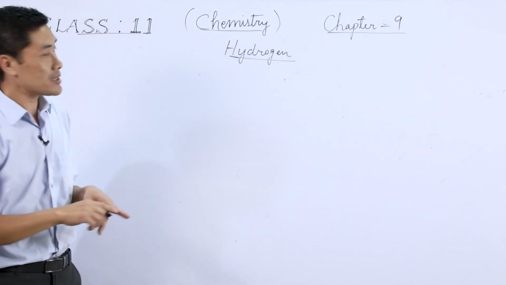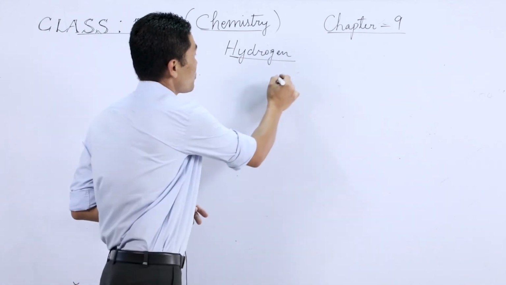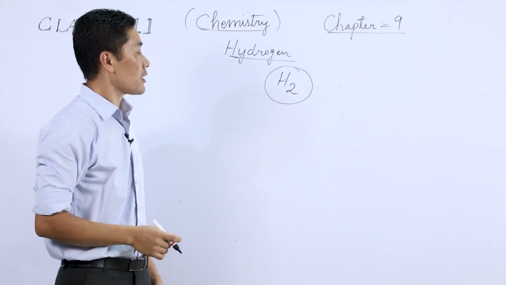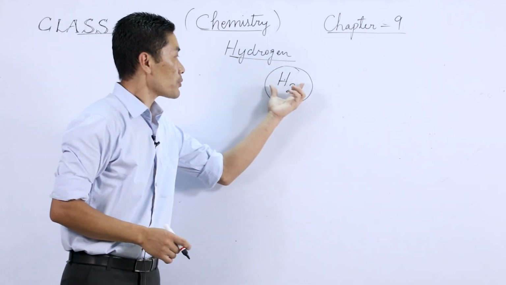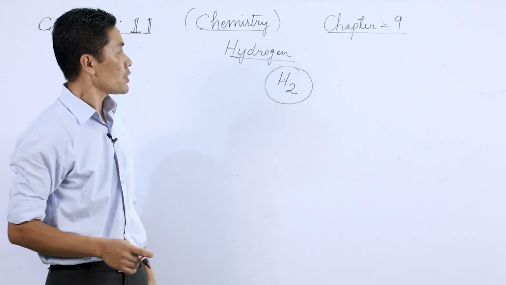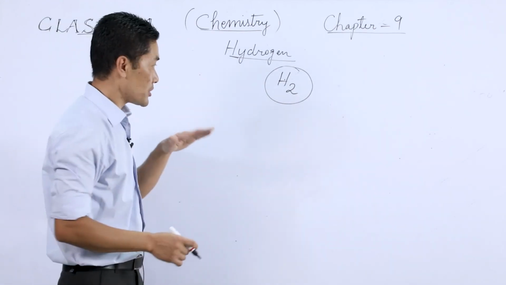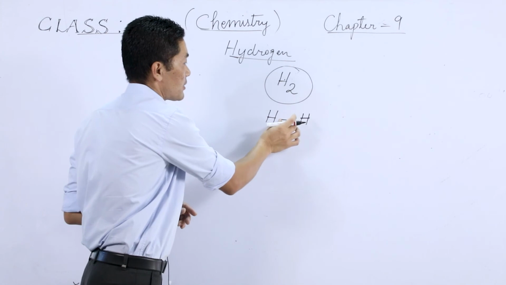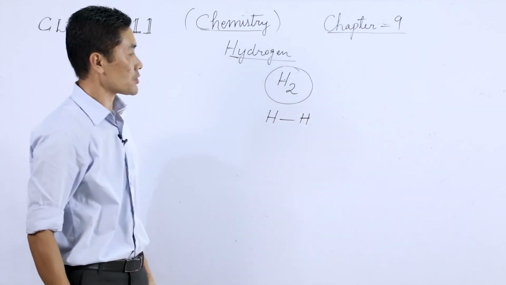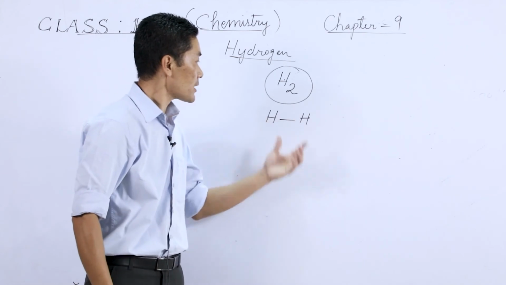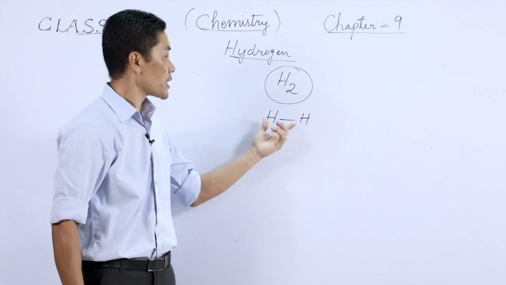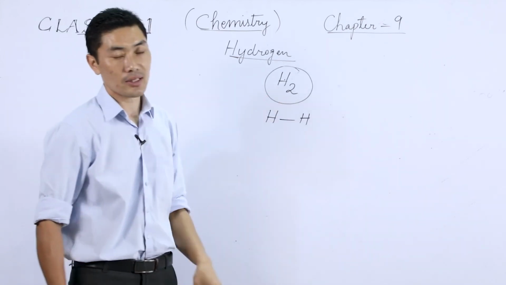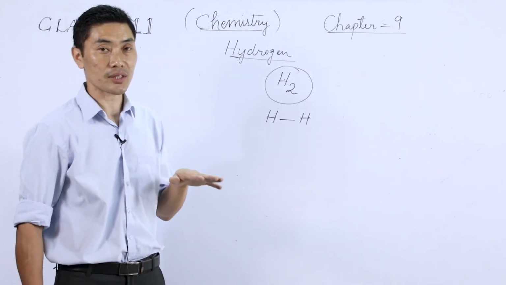Hydrogen exists as a diatomic molecule, H2, in the gaseous state, and due to the presence of these two hydrogen atoms in its molecules, it is also called dihydrogen. That is what I have just mentioned. Now, these two hydrogen atoms are joined by a covalent bond like this, and this bond has very high bond dissociation enthalpy, and due to its high bond dissociation enthalpy, hydrogen molecule is very less reactive at room temperature.